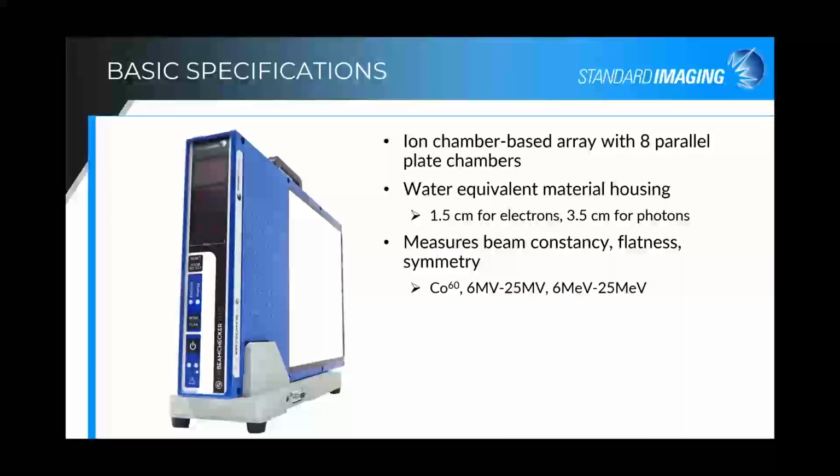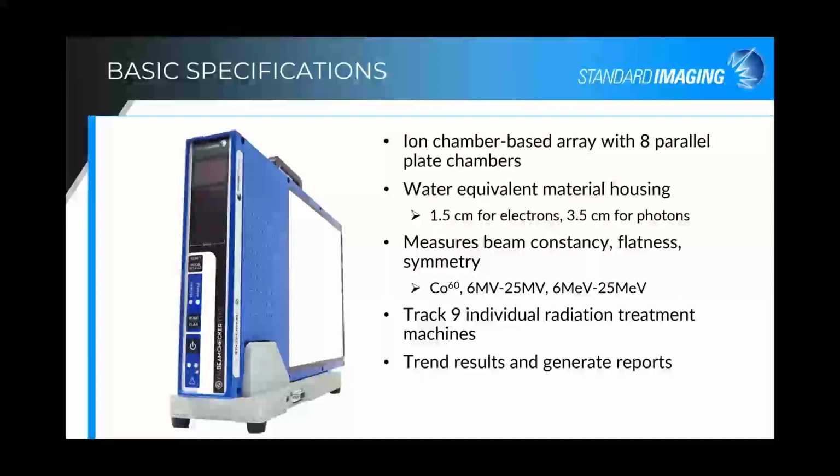You can measure beam flatness, constancy, and symmetry from cobalt 60 or 6 MV to 20 to 25 MV photons, and then 6 to 25 MeV electrons as well. You can track 9 individual radiation treatment machines with the system. And then you also have the ability to trend those results and generate informative reports.